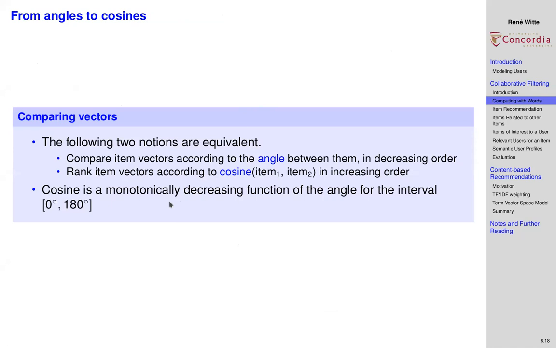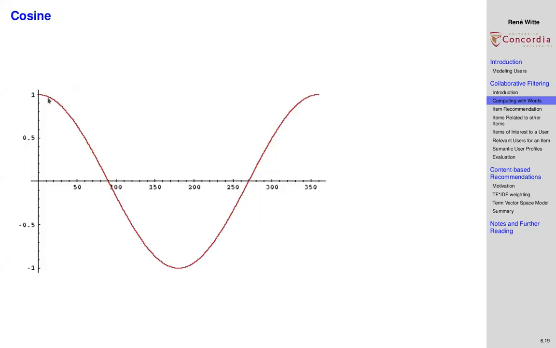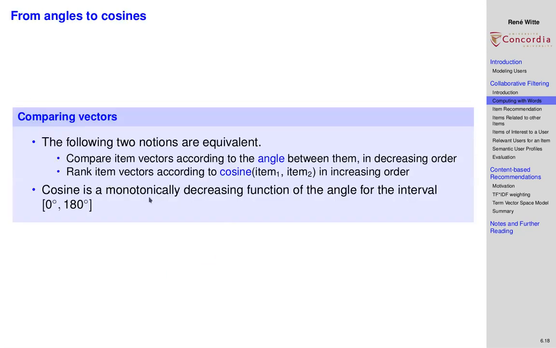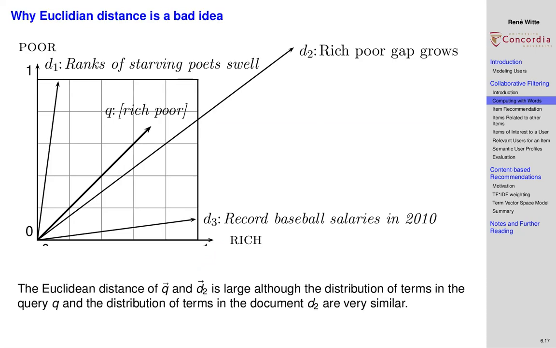Why? Well, if you remember how the cosine function looks like between 0 and 90 degrees, it's monotonically decreasing. So if the angle is 0, the cosine of 0 is 1. And if the angle is 90, the cosine of 90 is 0. So what we now end up with is a similarity measure between 0 and 1, where 0 means two items are not similar at all.